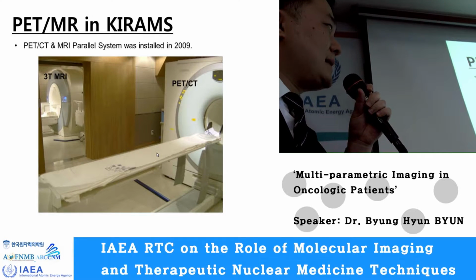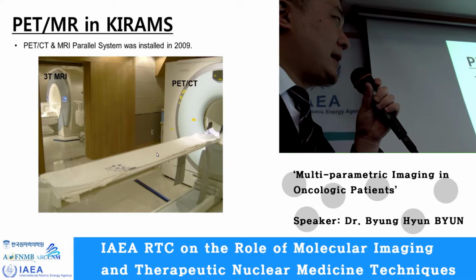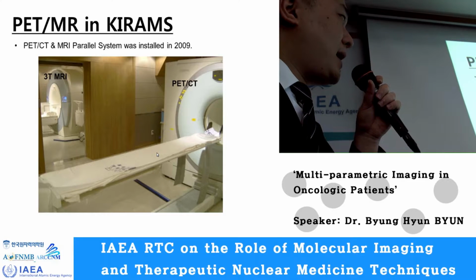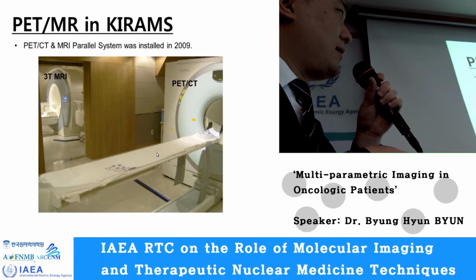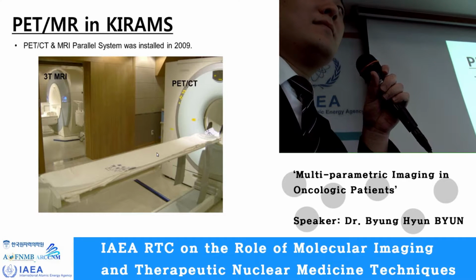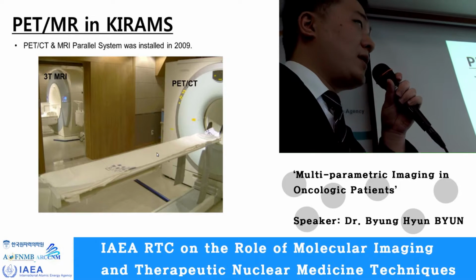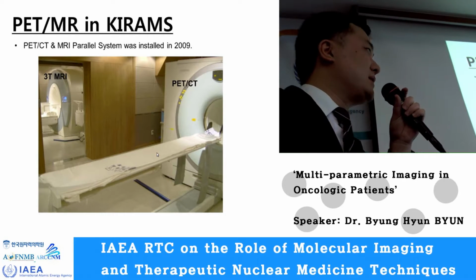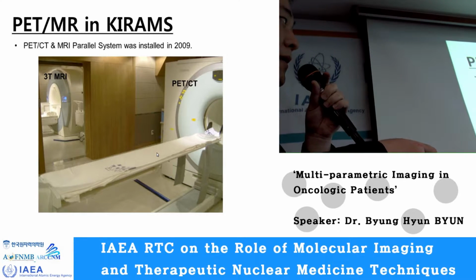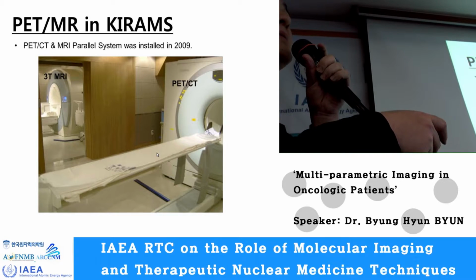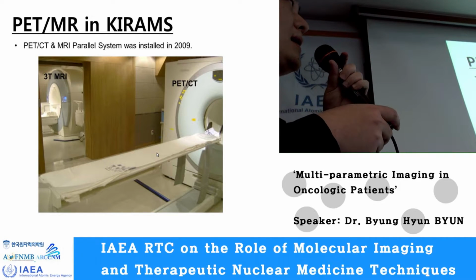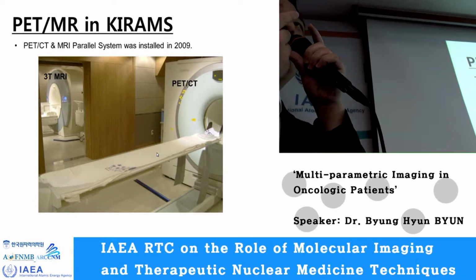There is a PET scanner on the right side, and the 3 Tesla MRI on the left side. Software fusion, not hardware, by using a single software. And there is an anti-magnetic wall. This wall is made of lead about 10 centimeters thick.